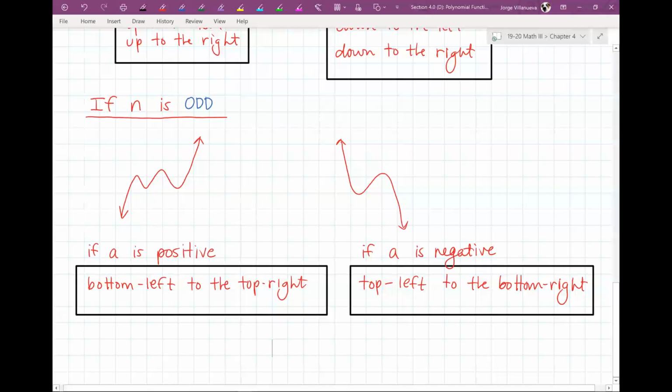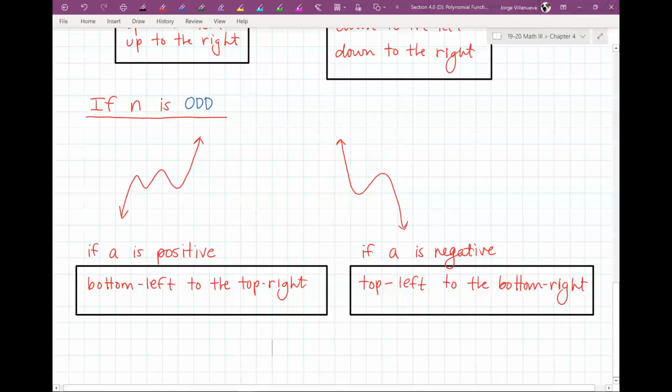And if it's a positive number, then you're going to say, okay, well, if it's odd and positive, then I'm going to do that side. So it's bottom left to the top right. If it's a negative A term, then it's top left to the bottom right. Okay, so you just got to start picking. You're going to basically say, like, I'm doing this, and then this is what I have, so this is my answer. No math required. That's what's nice about these lessons, is that there's no math required, but there's a lot of definition required. You got to look through your definition.